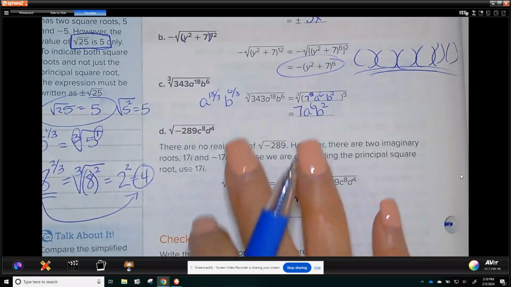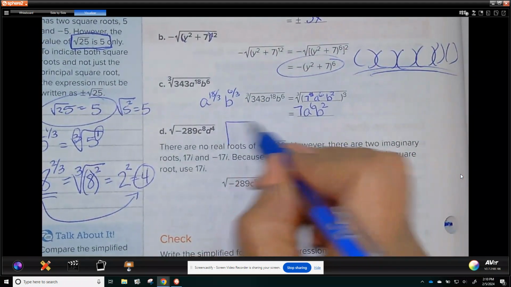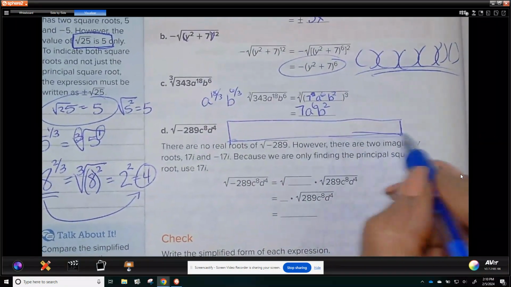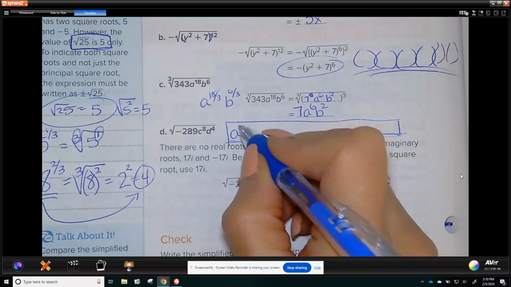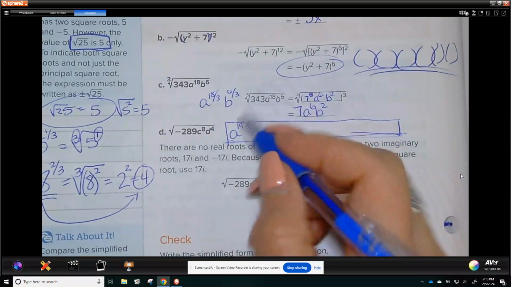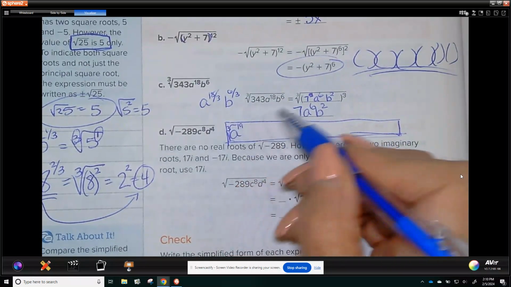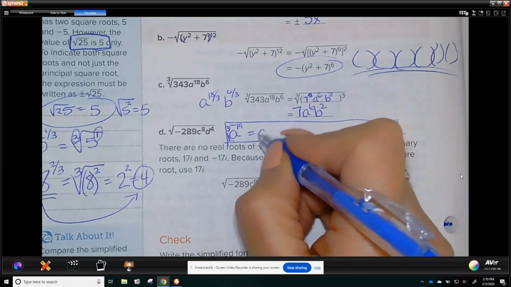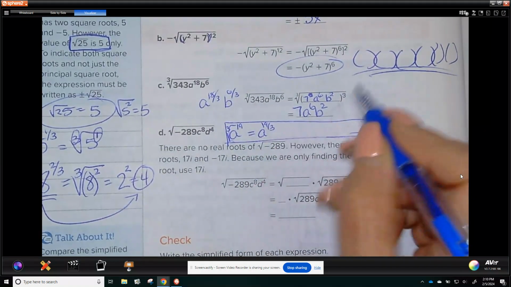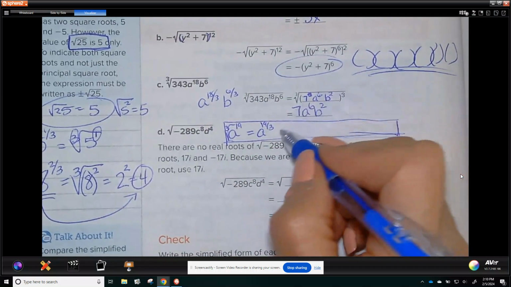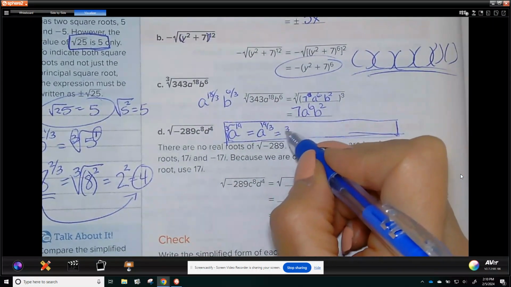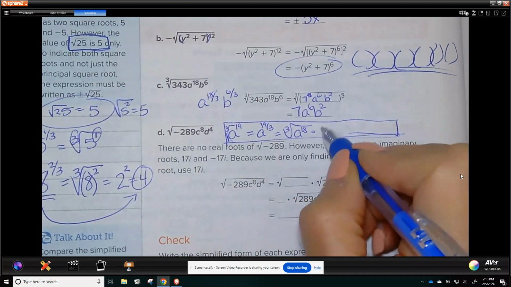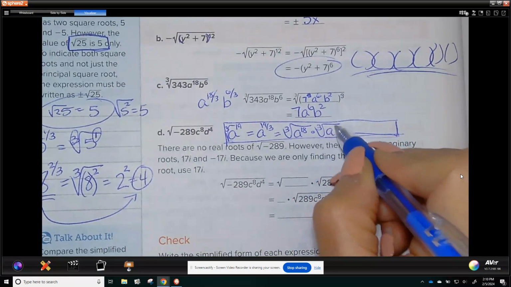Before I go on to the imaginary answer, similarly to the square root when you simplify, if I have the cube root of a to the 19, I know 19 divided by 3, that would be a 19 over 3. But a way to simplify it in radical form, it's the cube root of a to the 18 times the cube root of a to the 1.